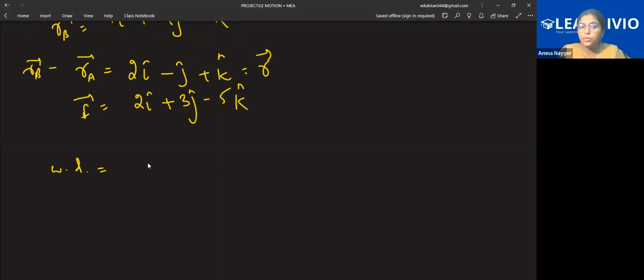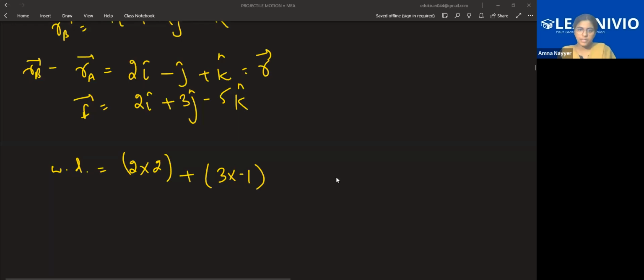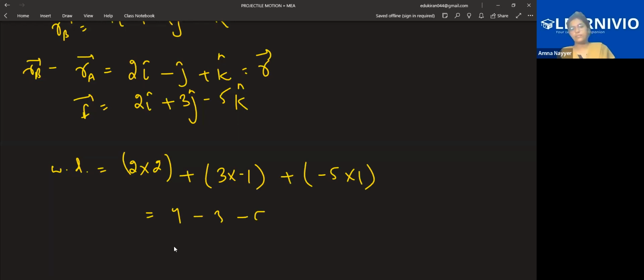So 2 multiplied by 2 plus 3 multiplied by minus 1, okay Zainab, second answer is your answer, and this is minus 5 into 1. 4 minus 3 minus 5. Write it.